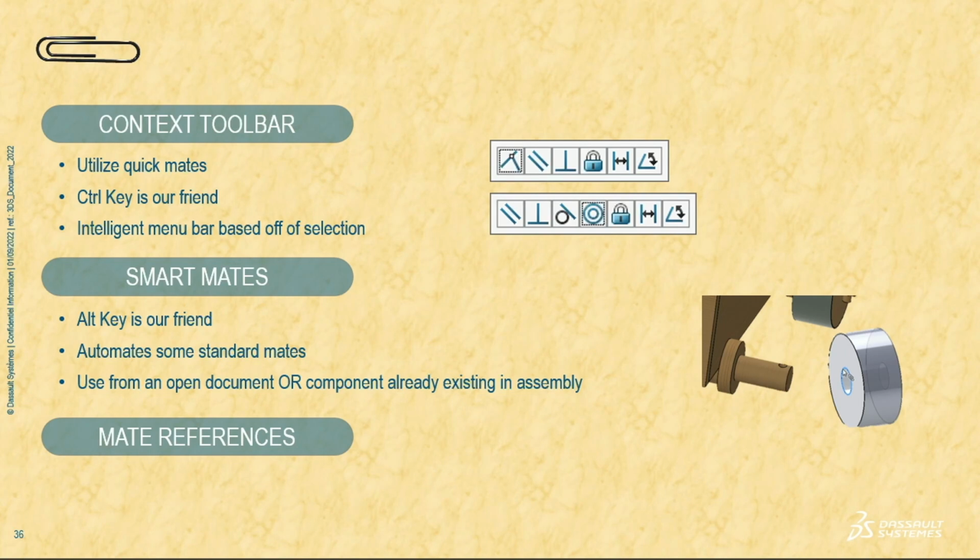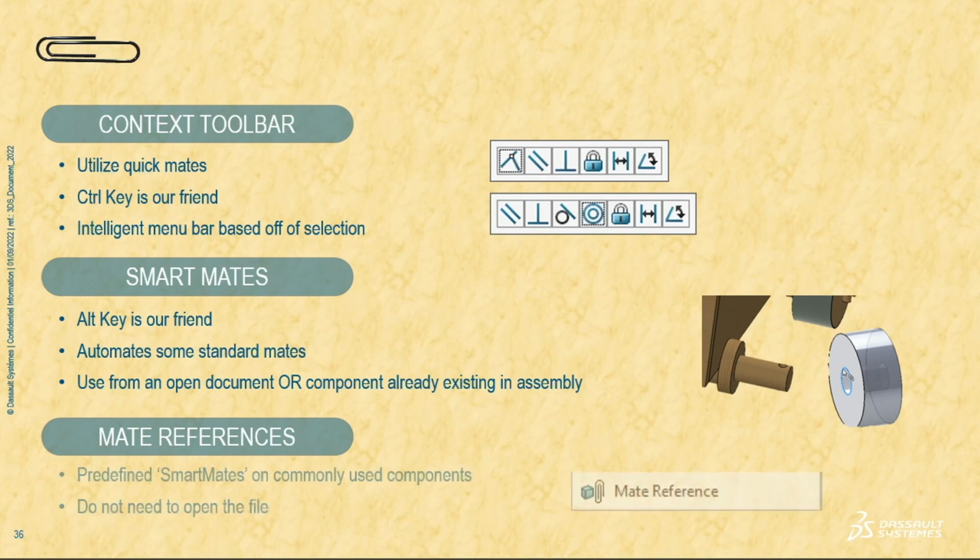The really nice one there is that peg and hole option, where you can add the two mates at once. Then taking that one step further, with mate references, we can build those directly into the parts for those common components that we have. We don't even have to have the file open, we can just drag that in.